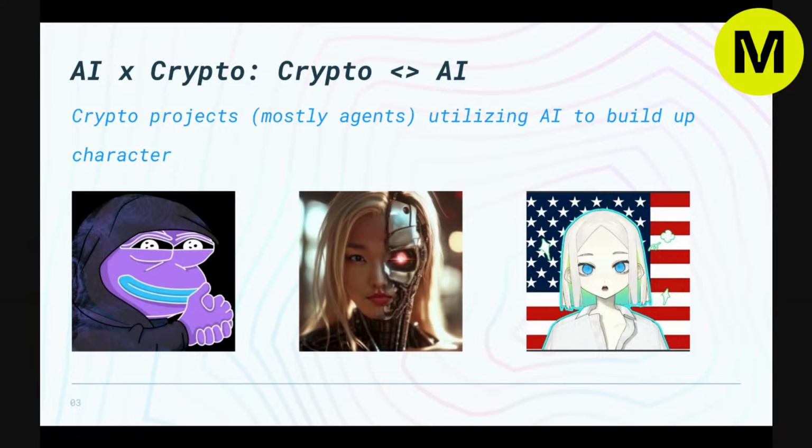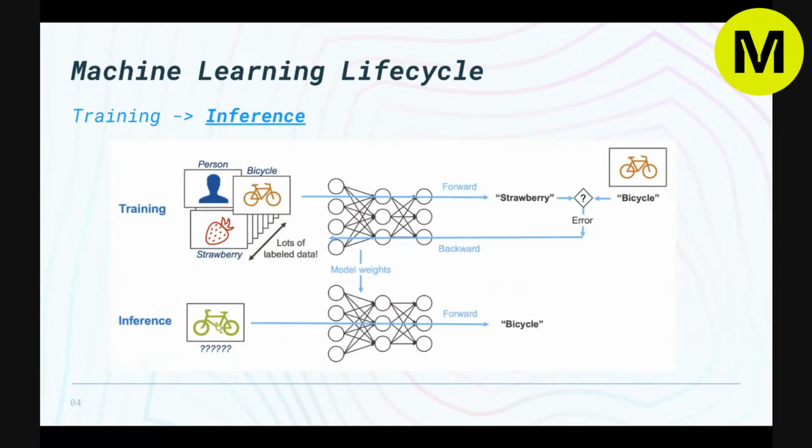So I think this type of application can also fall into this crypto and AI interaction space. They basically use AI to build up the character, and then this character is tied to the meme and personality of the AI. And these are the three major applications when we talk about AI and crypto.